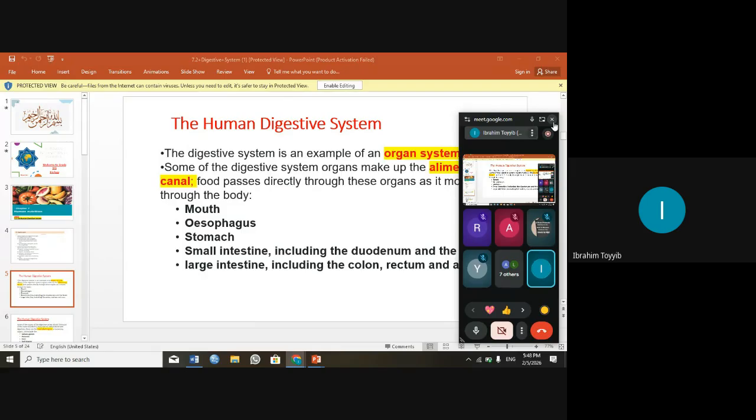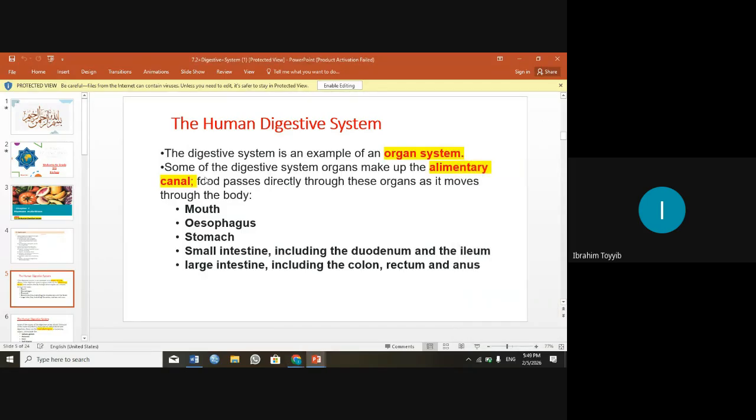You can see that they say here, small intestine, including the duodenum and ileum. They do not write jejunum here, because jejunum is not the middle layer. And even large intestine, they say including the colon, rectum, and anus. They do not write cecum here.